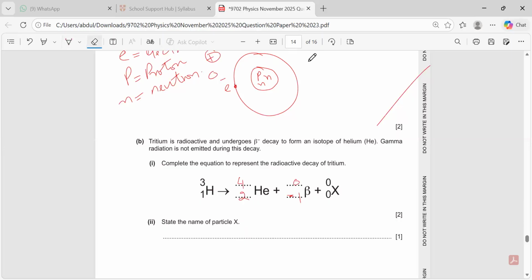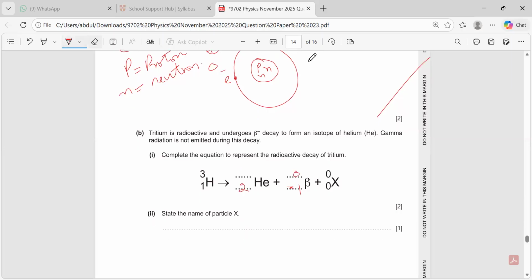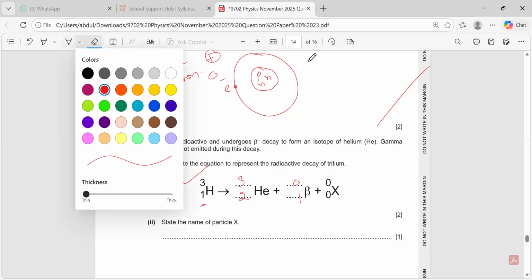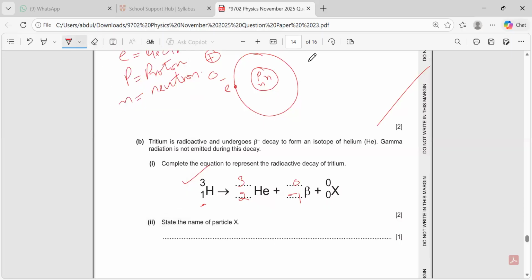No, I'm wrong here. It cannot be 4. My dear friends, it should be 3. The reason, see, 3 plus 0 plus 0 equals 3. Nucleon number is conserved. Proton number plus 1, so 2 minus 1. That is also equal to plus 1. So be very careful. Don't write helium directly here as 4.